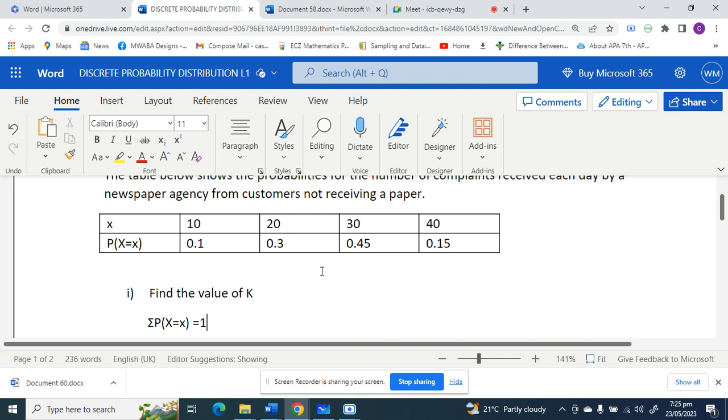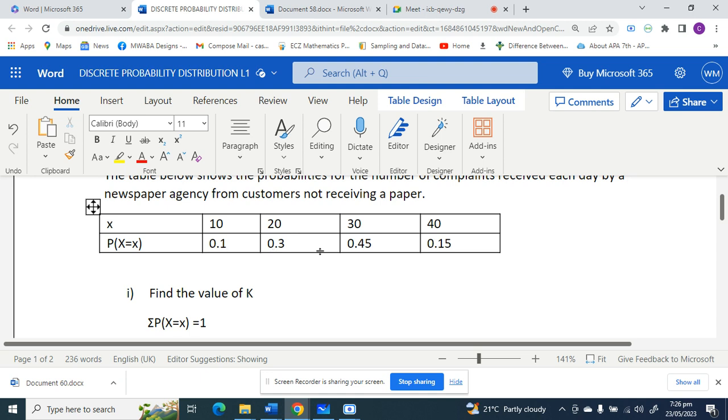The probability of getting less than 30 complaints. Why have you ignored this one here, this 0.1? Yeah. So there's a 40% chance of getting less than 30 complaints.